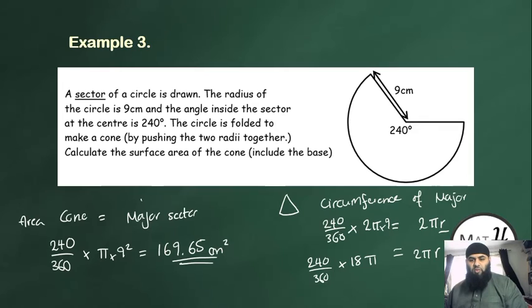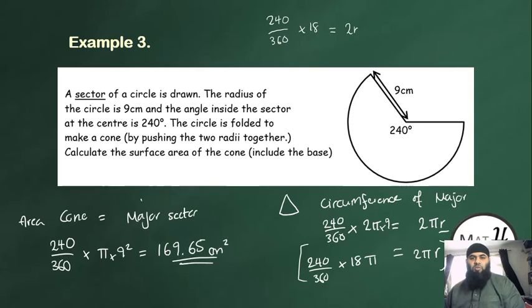What we can do to both sides is divide both sides by pi, because everything is multiplied by pi. I'm going to carry on working here because of lack of space. We should get 240 divided by 360 times 18 equals 2r.